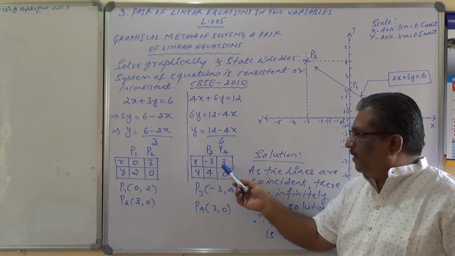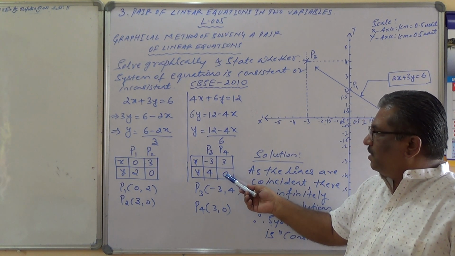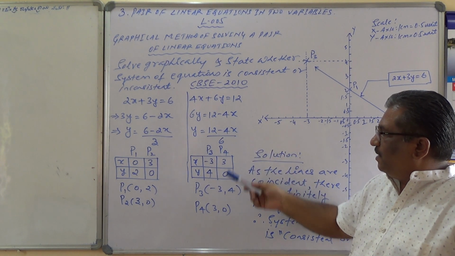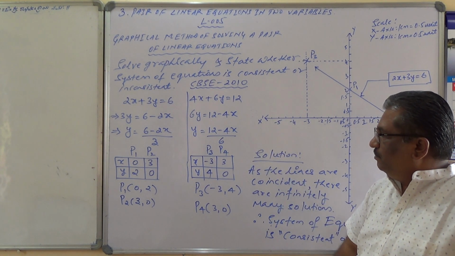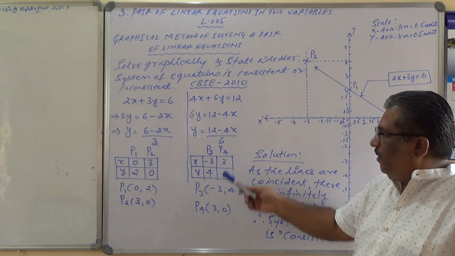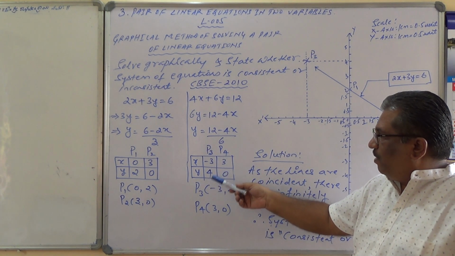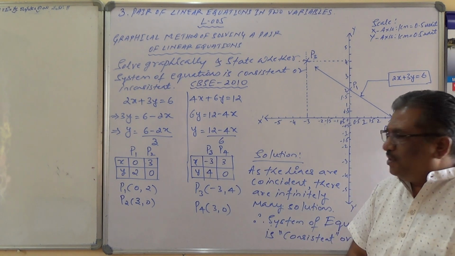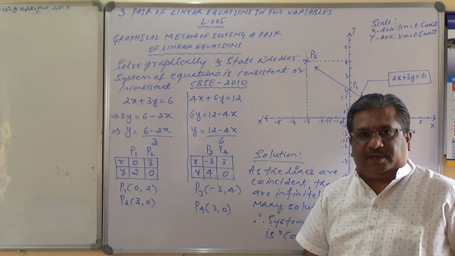Similarly, substitute the value of x as 3, you get the value of y as 0. 3 4s are 12, 12 minus 12 is 0, 0 by 6 is 0. Identify the points P3 and P4. P3 is (minus 3, 4), P4 is (3, 0). These are the 2 points. So we are ready with points to be plotted.